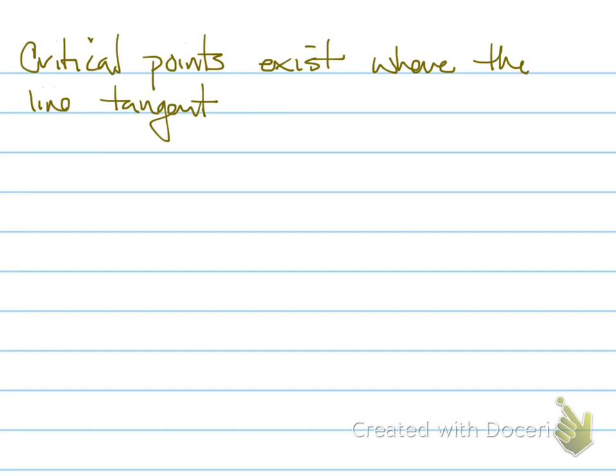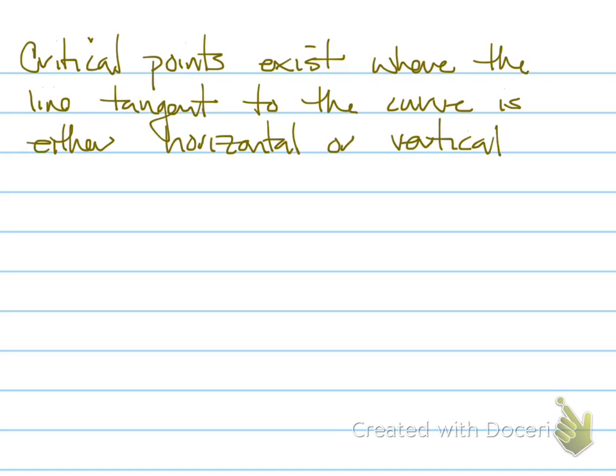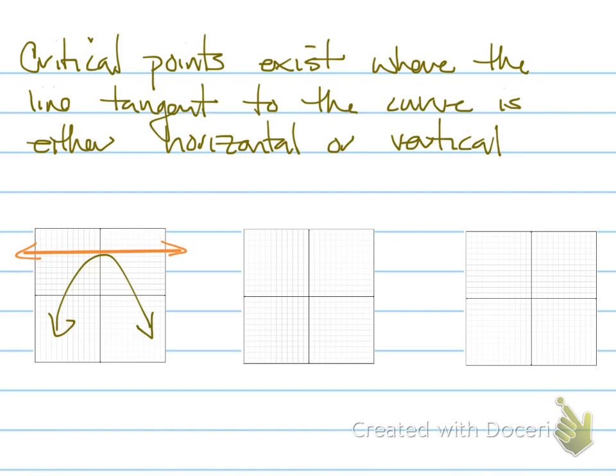Critical points on the function exist where that tangent line has a slope of 0, meaning it's a horizontal line, or where the slope is undefined, a vertical line. For example, on that same quadratic function, we can see it has a maximum value at that critical point, the vertex. That's where the tangent line is horizontal.